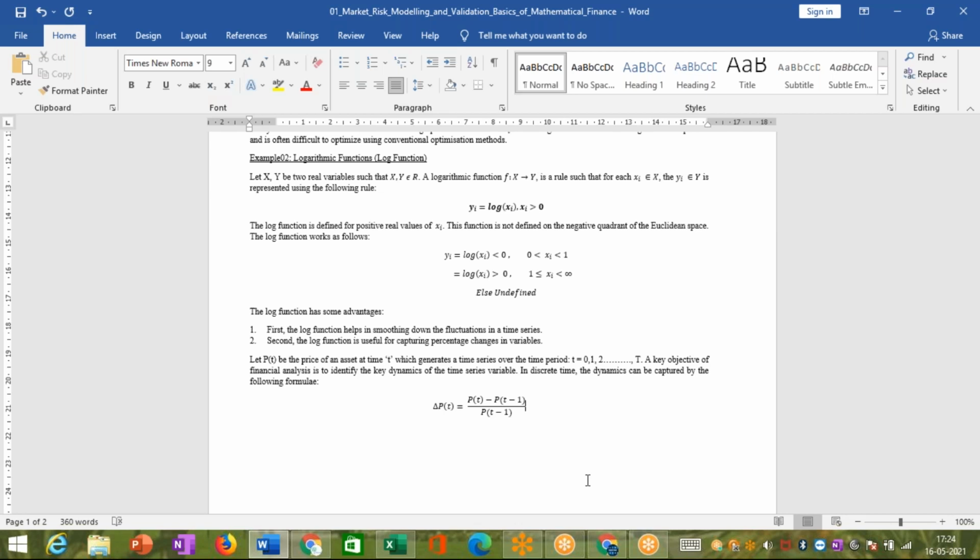So in that particular case, instead of estimating the price trajectory, I would try to make the log of the price series to be the target variable, right?